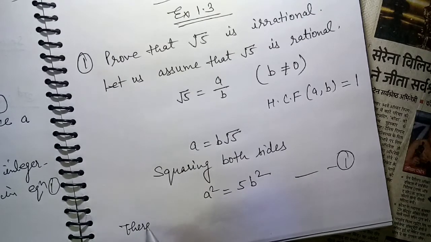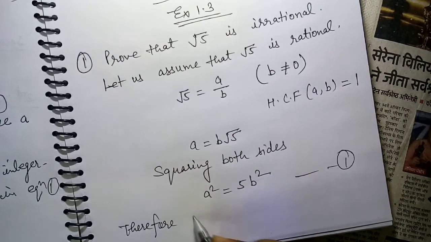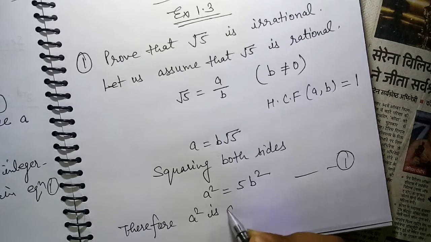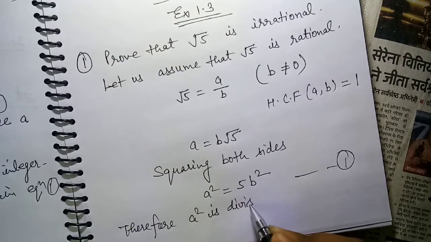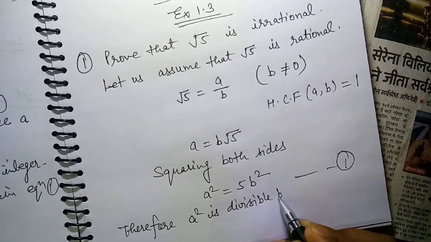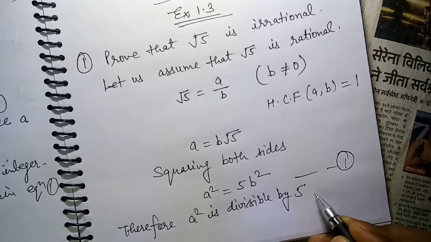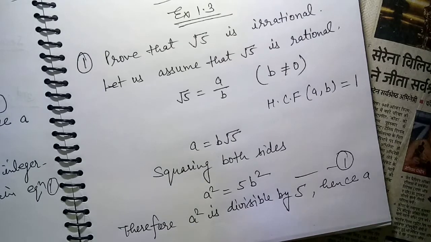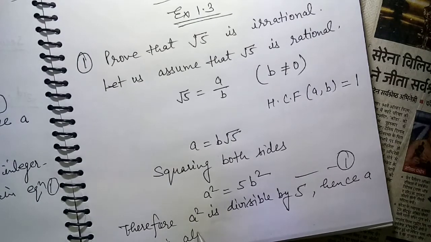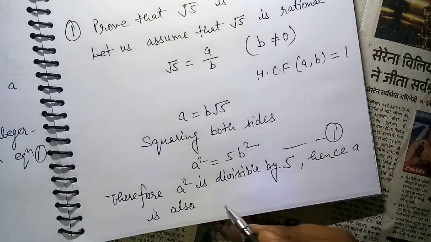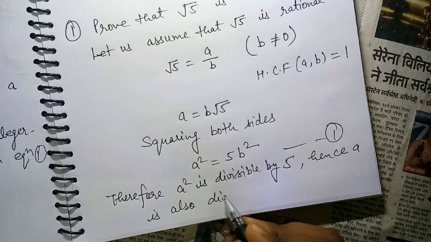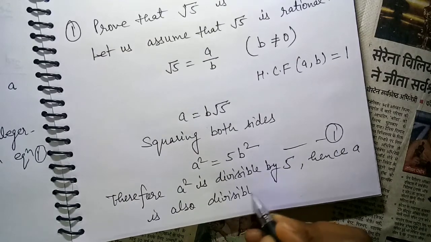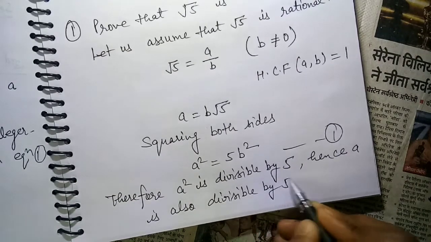Therefore, a square is divisible by 5. Hence, a is also divisible by 5.